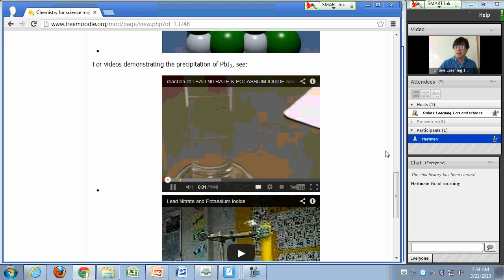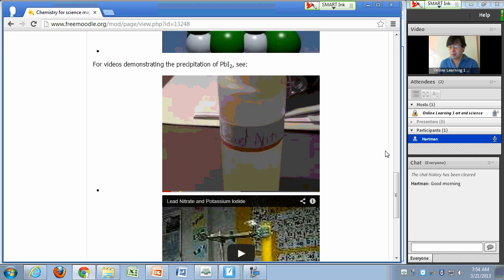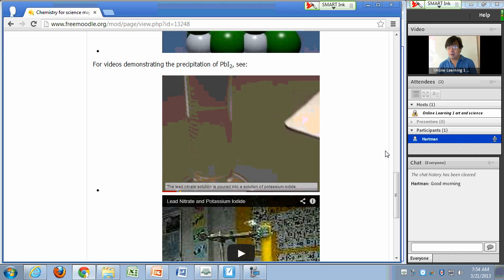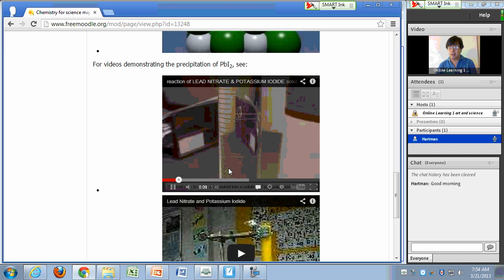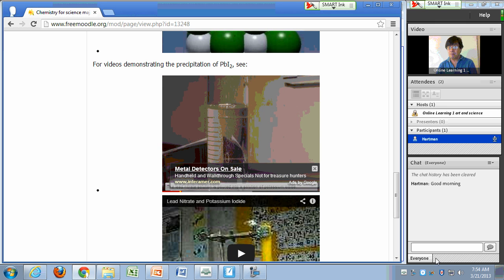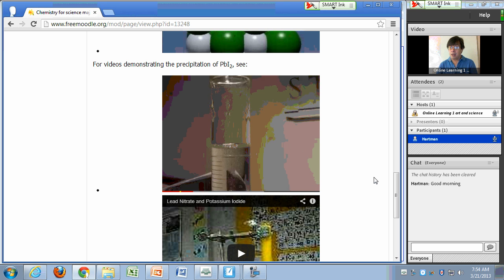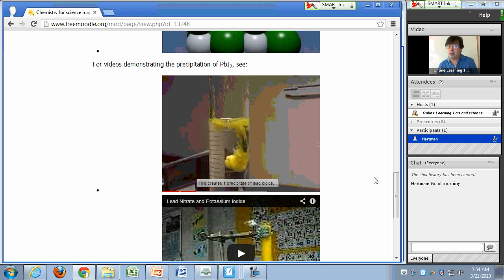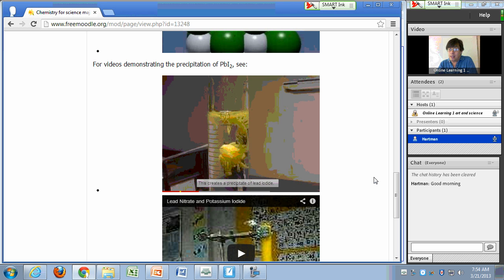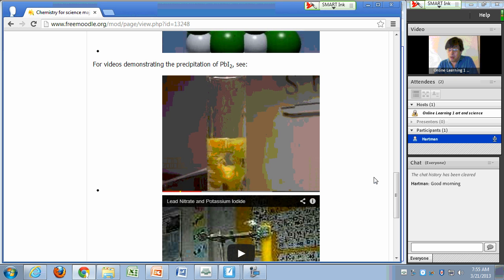So what happens here is you have two colorless solutions. There's lead nitrate right there, and this one is potassium iodide. You mix the two, and right away you get that yellow solid that forms.